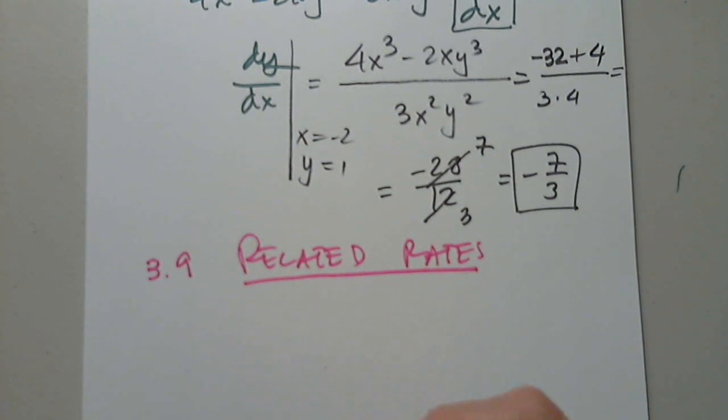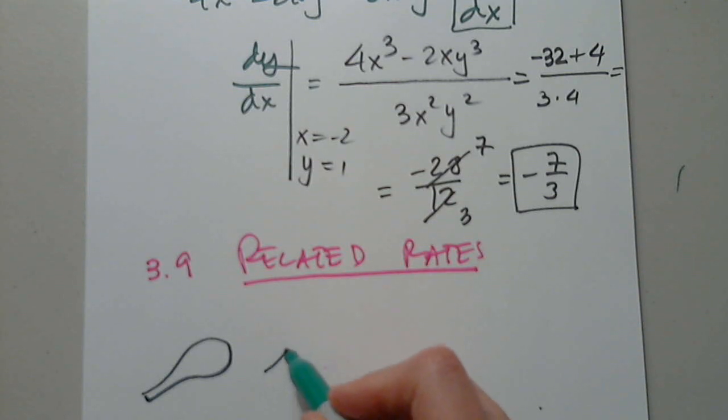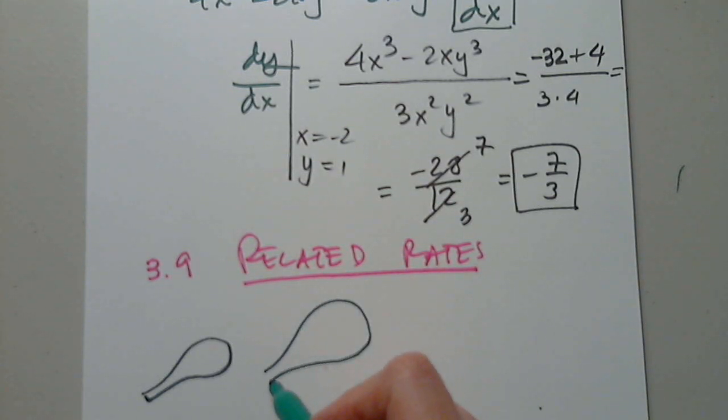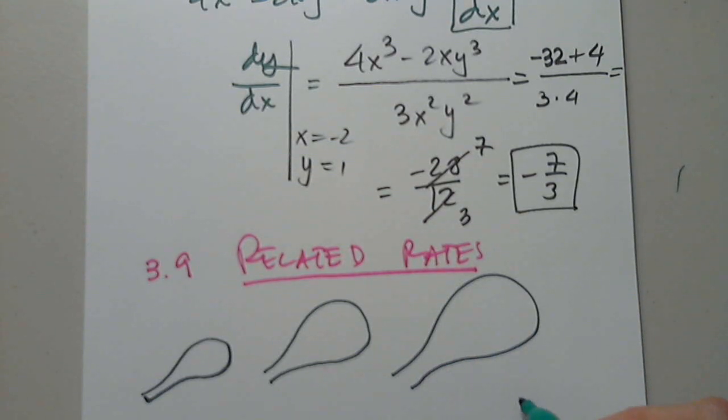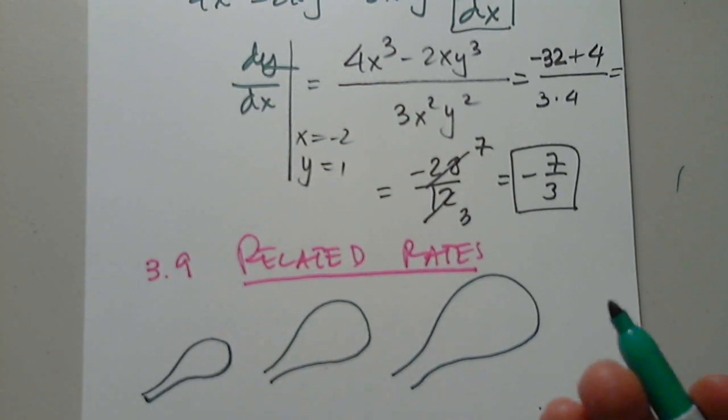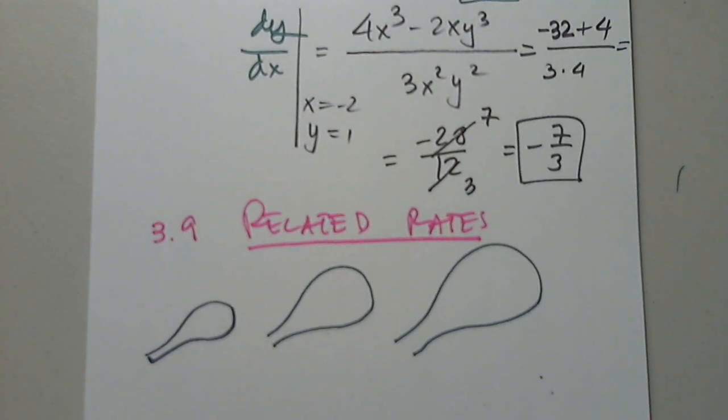Let's suppose we have a balloon and it has no air in it. And I start pumping air in it. And more. And more. And so on and so forth. Assuming that the balloon eventually becomes a sphere.